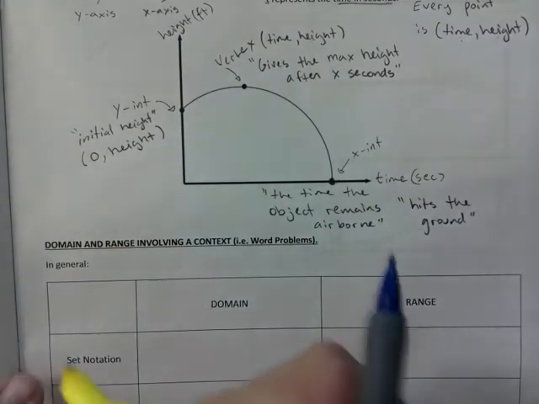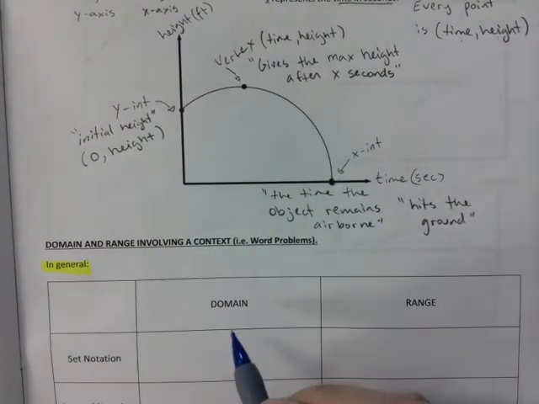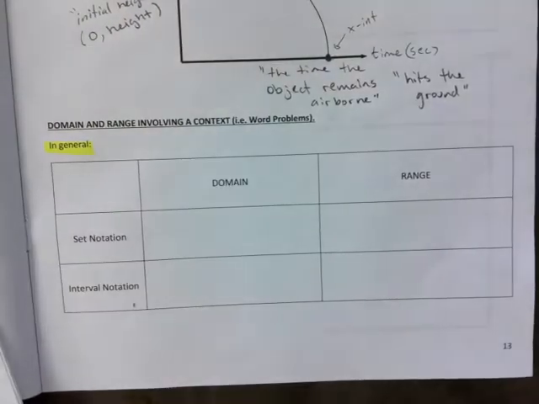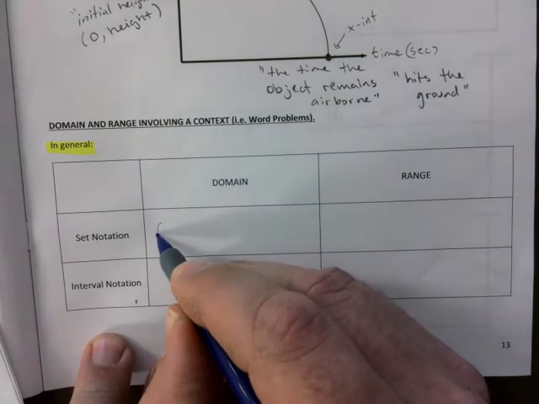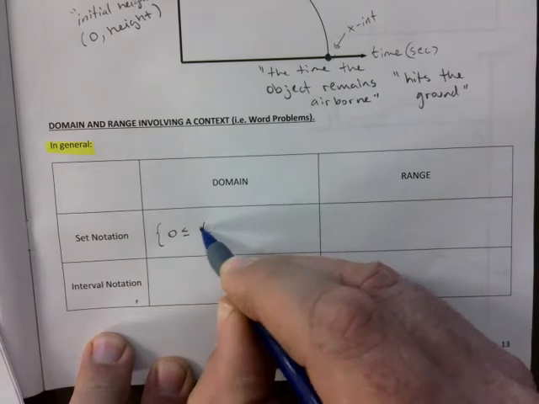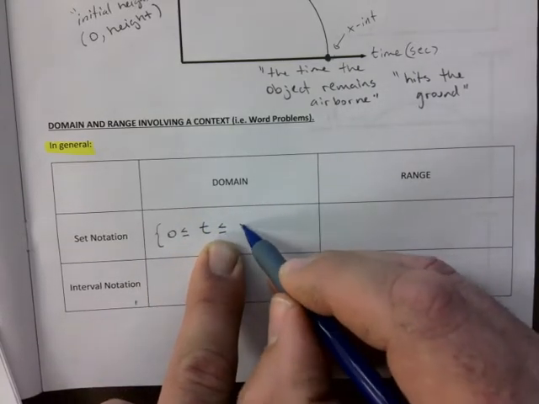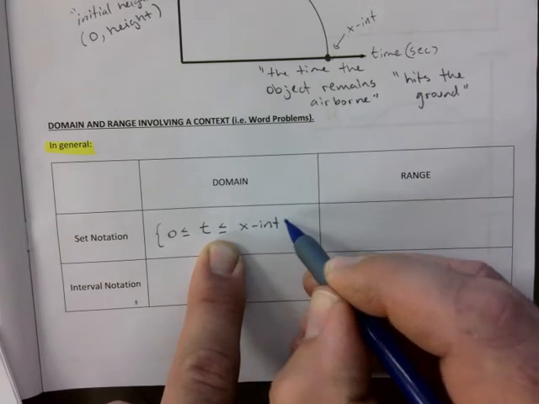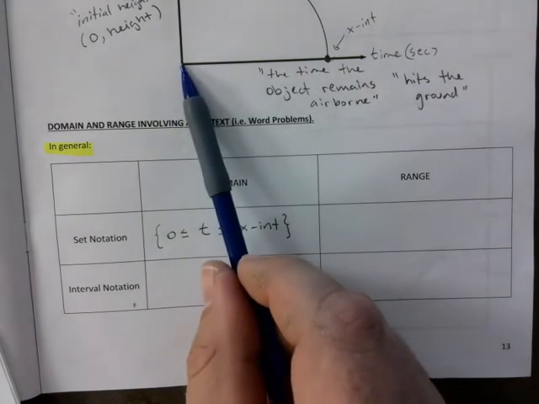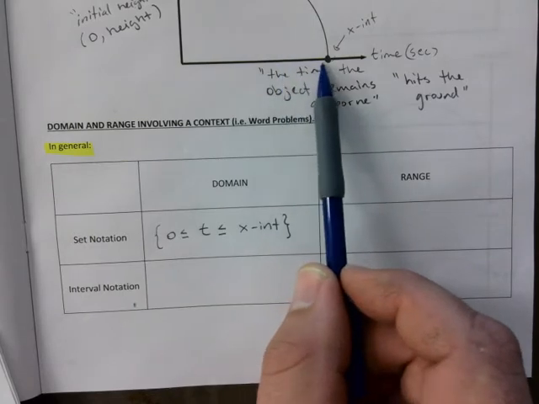In general, guys, for the domain, let me just move this down a bit. When you're doing set notation, it will be like this. In this case, time will be greater than 0, but less than or equal to what we call in this case the x-intercept. Right? So time is constrained between 0 and the action stops when you hit the ground.